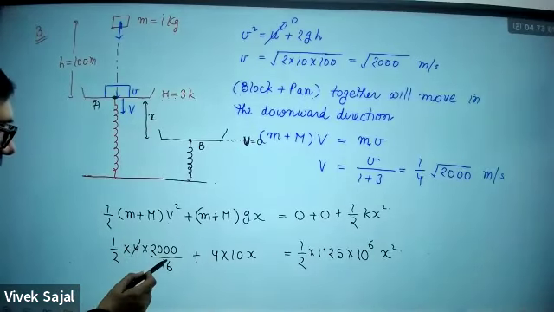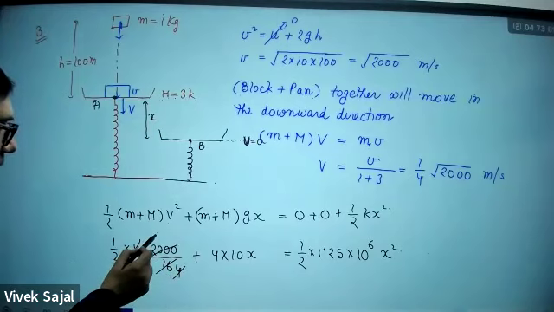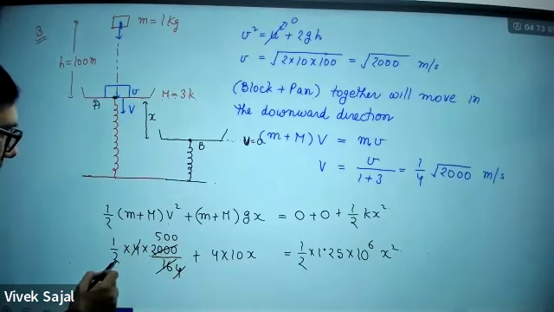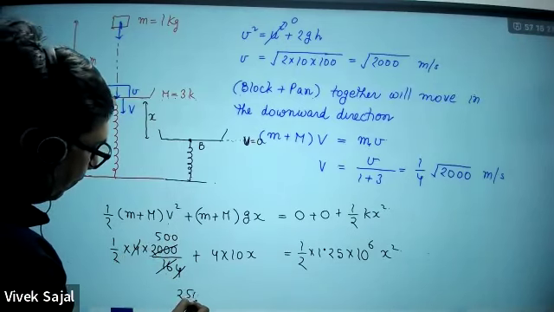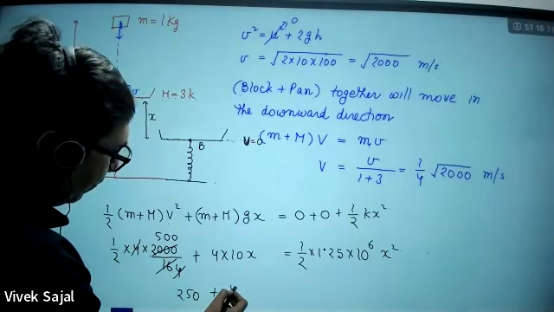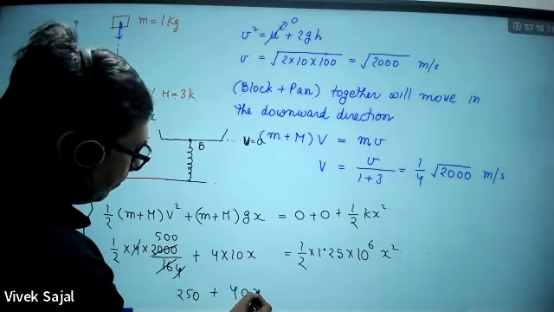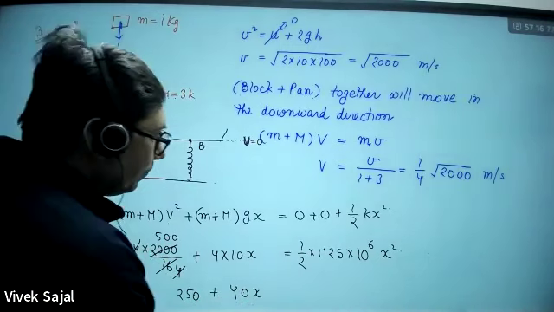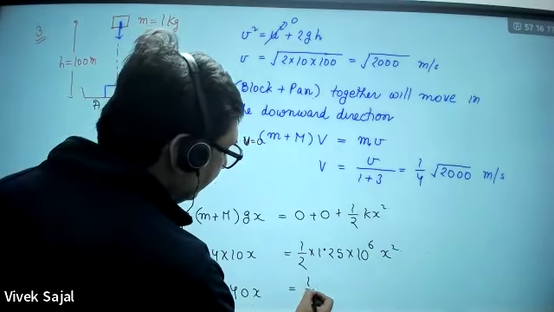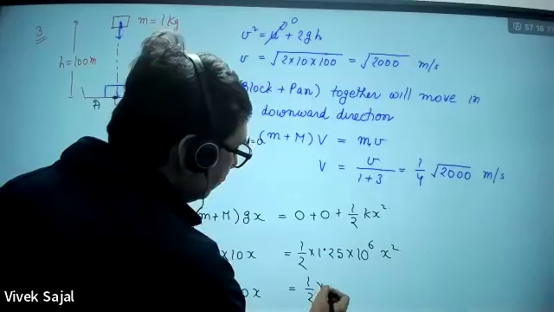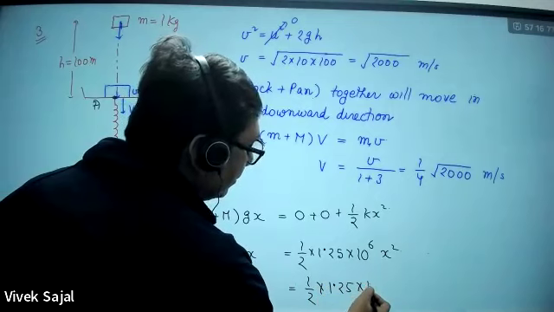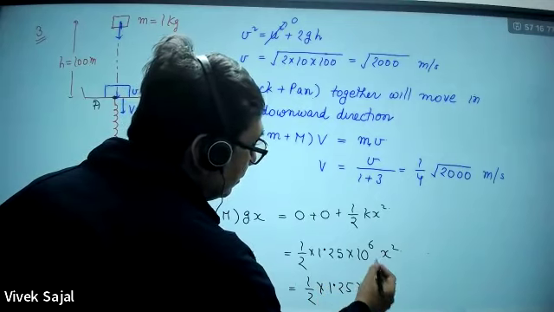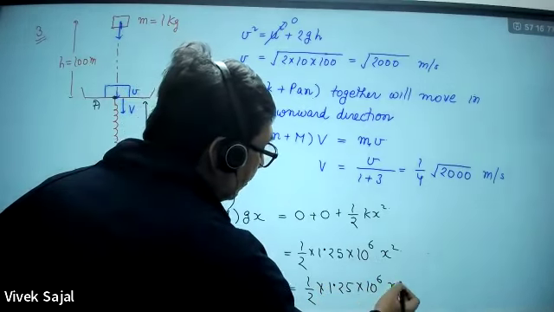So this will be 4 4s are 16, 4 5s are 20, and this will be 250 plus this will be 40x and 1 by 2 into 1.25 into 10 to the power 6 and into x square.